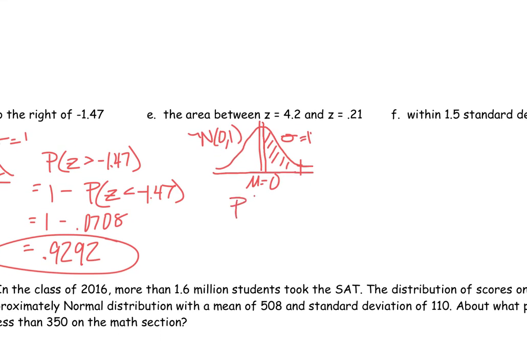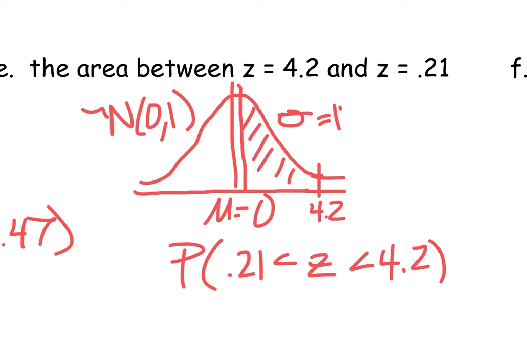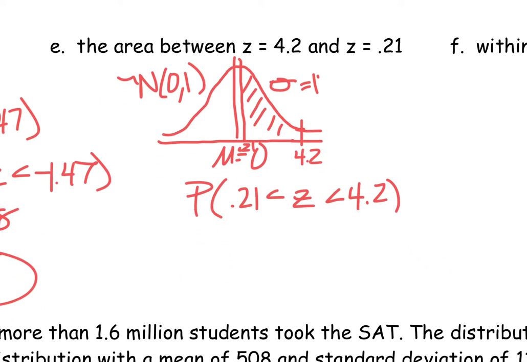So, of course, our notation is from 0.21 to, and we'll put our z-score there, 4.2. Now, let me label my 4.2 and my 0.21. The idea is to find 4.2 on table A, which will give us all of this area.